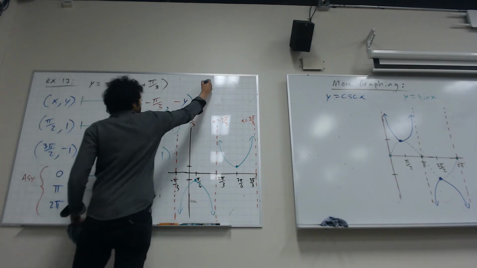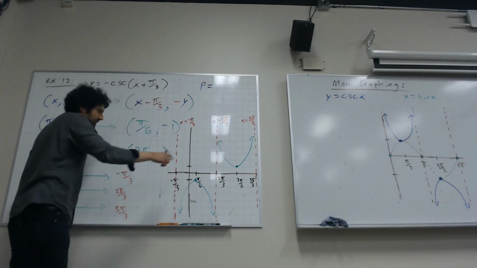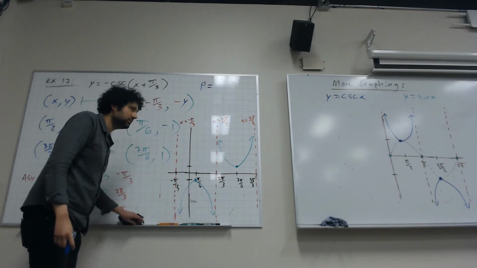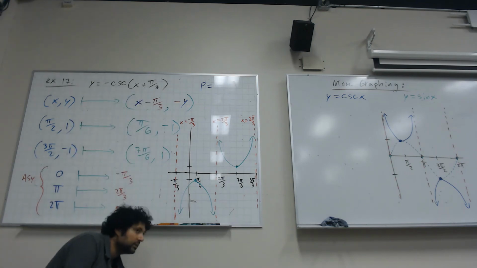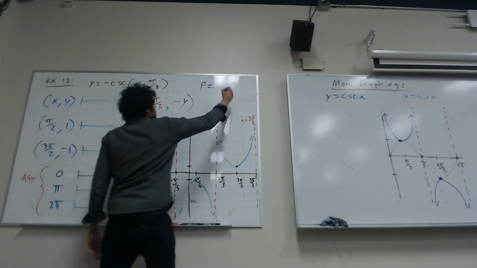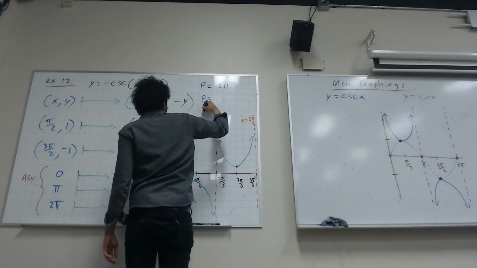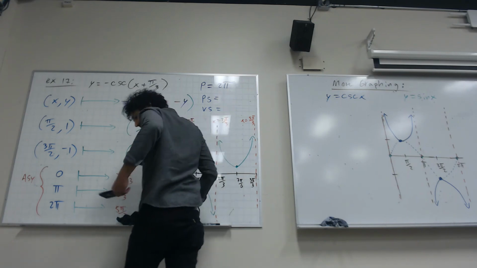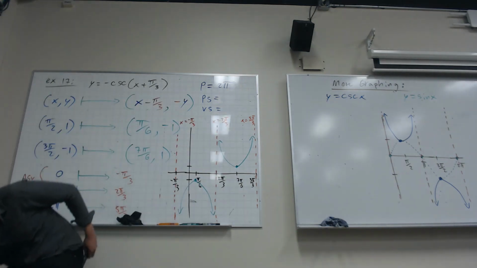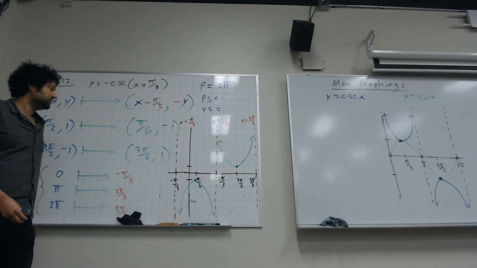Period. What's the distance from the leftmost to the rightmost asymptote? 6 pi over 3, which is 2 pi. And then phase shift, vertical shift, what are these? What's the phase shift?